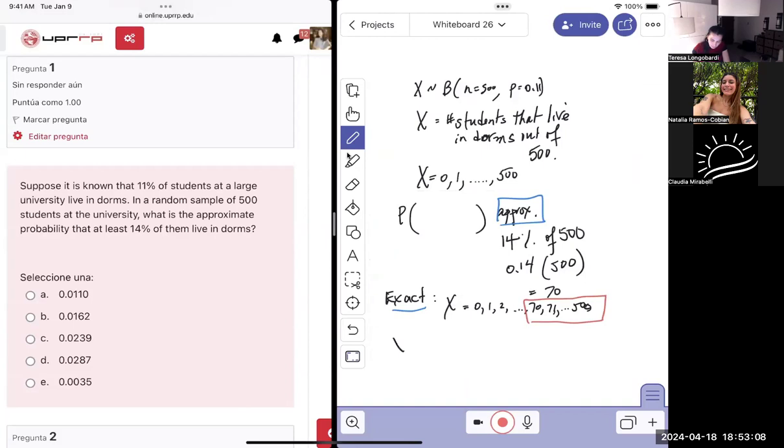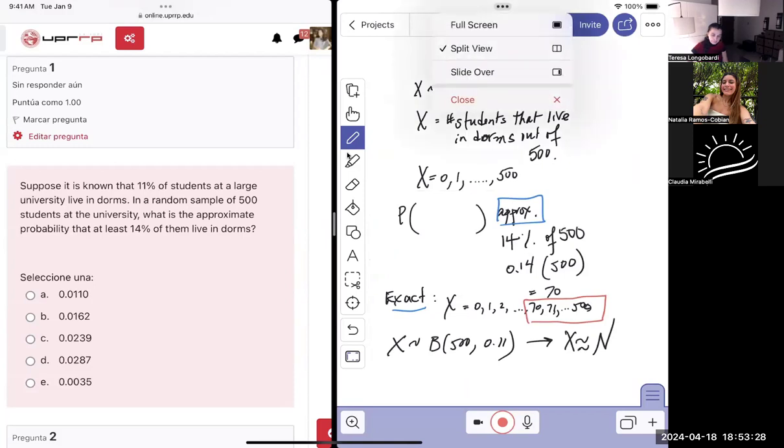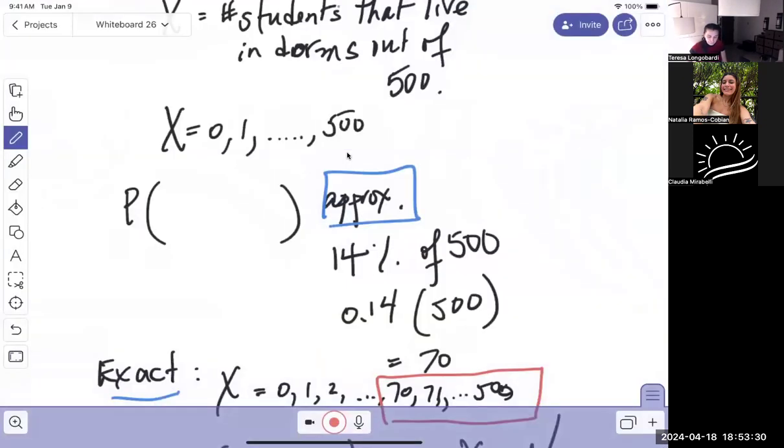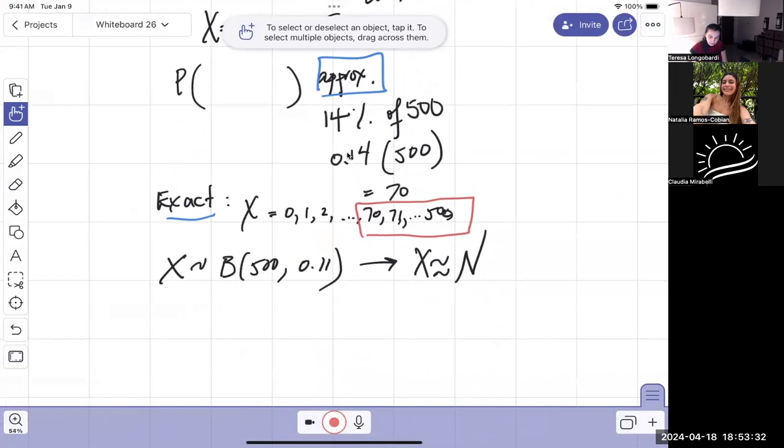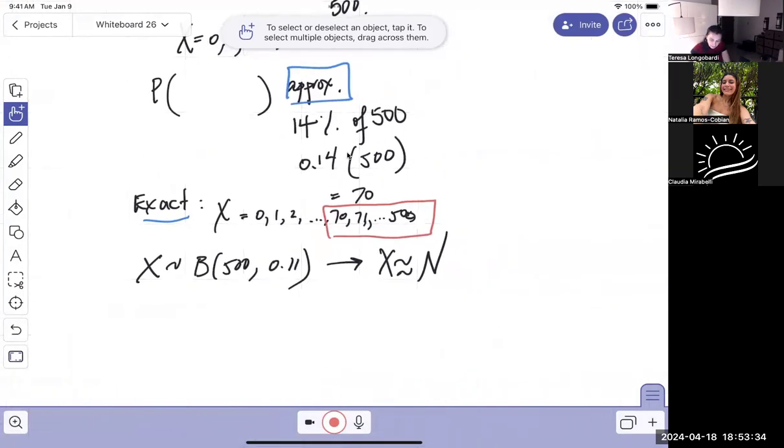So to calculate this approximately, you convert X, which is binomial, into X approximately normal. How do you do that? You do that with the theory.